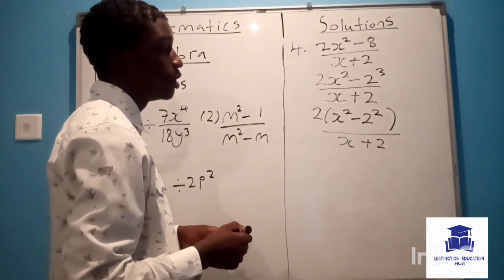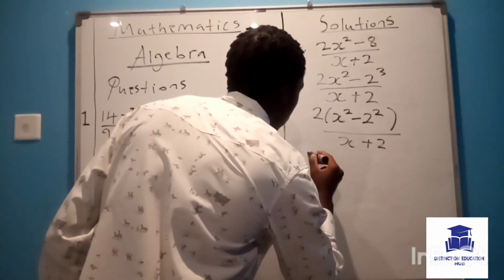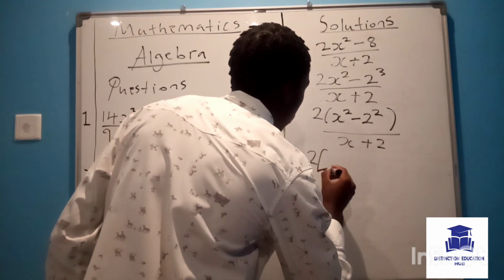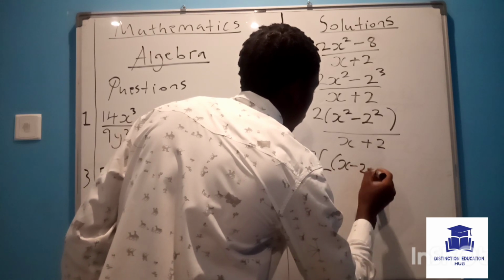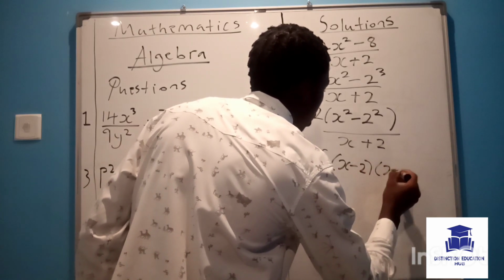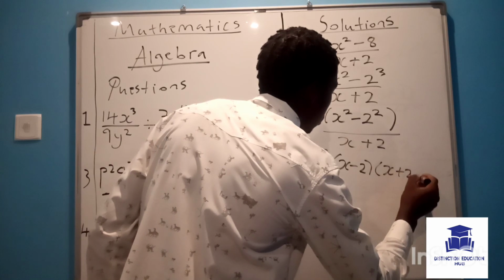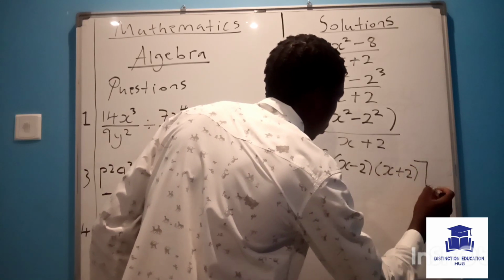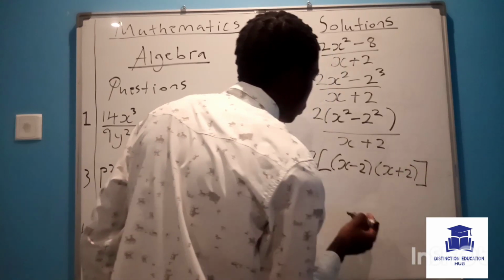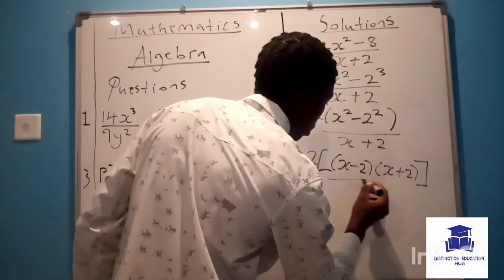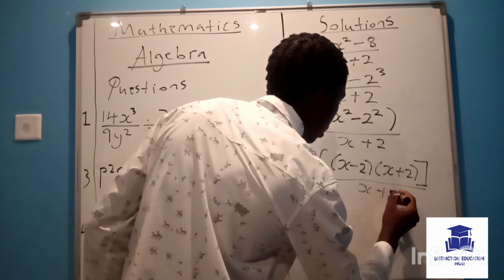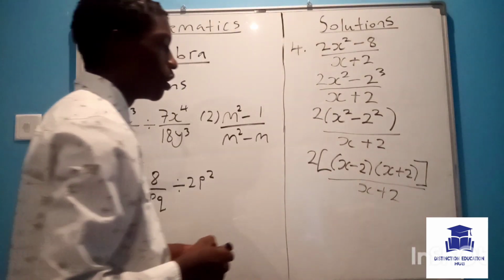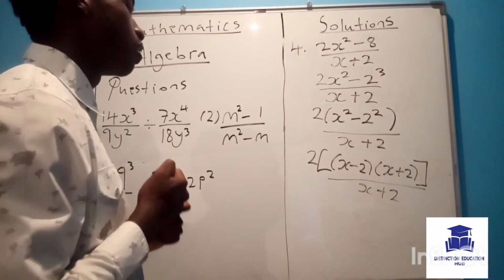Then after you do that, you realize that you have a difference of two squares in your brackets. Then you just simply expand. You have 2 times x minus 2 times x plus 2 over x plus 2. Then you cancel out the like terms.